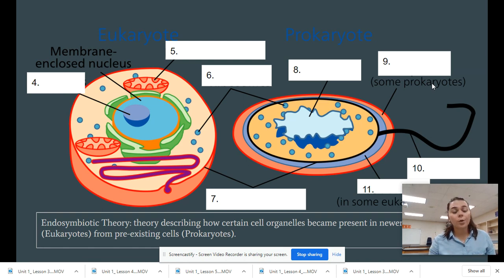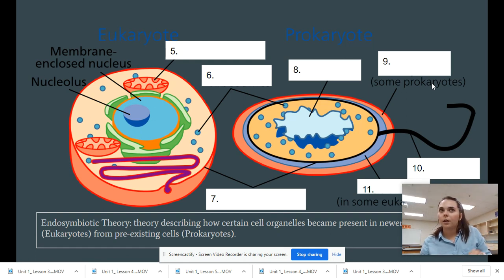Okay, so prokaryotes do not contain membrane-bound organelles. Another important thing to note is that eukaryote cells do have structured DNA. They both have DNA, but prokaryote cells have linear DNA. So it kind of floats around inside of the nucleolus.